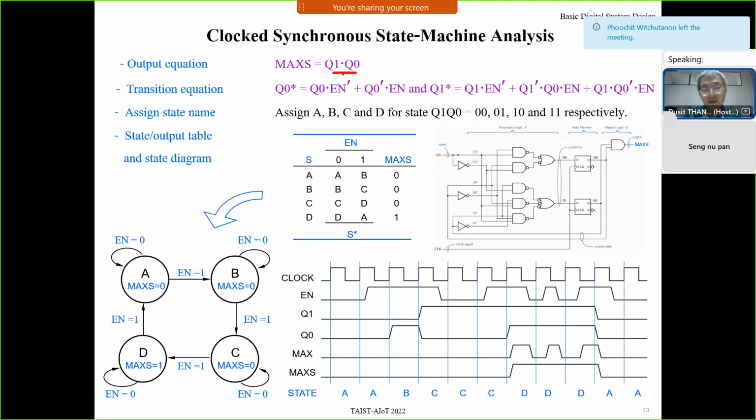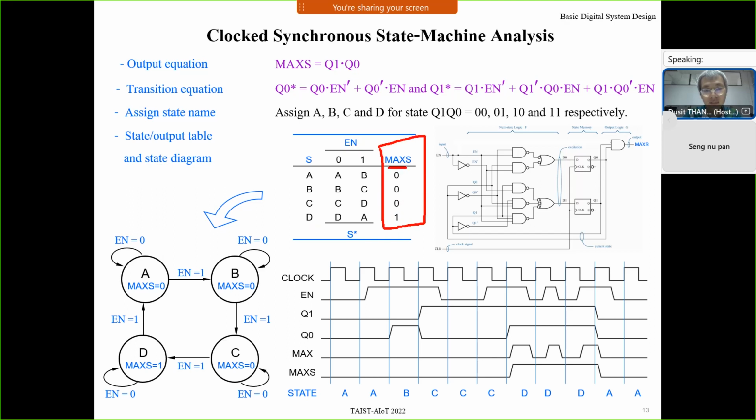Depends on only state variable, namely the output value depends on only state, not on input value, right? So I just separate the column of output here. That's all. So in the state diagram, I write the value of output inside this state circle to show that the output value depends on state only.